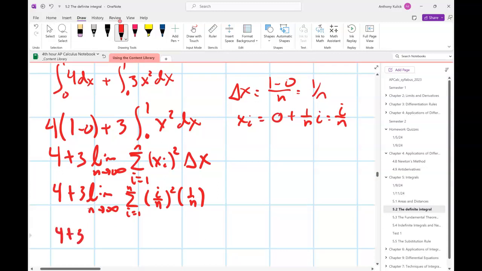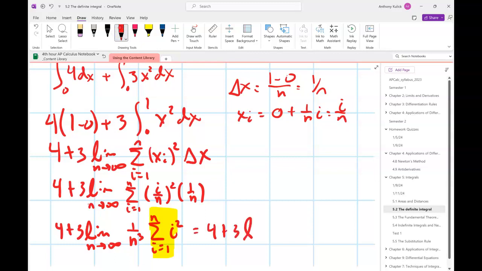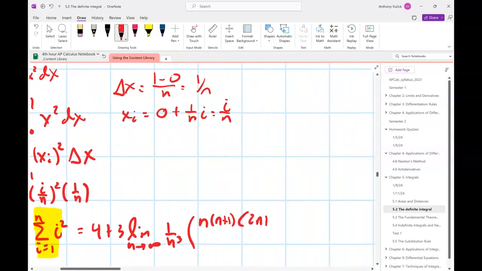I'm going to pull all the constants out front of my sum, so I can take out a 1 over n cubed. Did you guys see why it's cubed? Okay. This is now one of my formulas. So if you go back and we look, that is n times n plus 1 times 2n plus 1 all over 6.